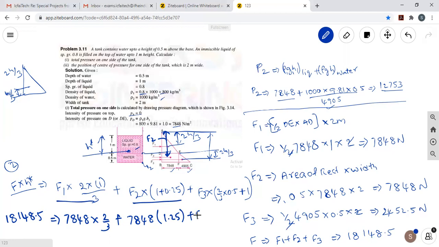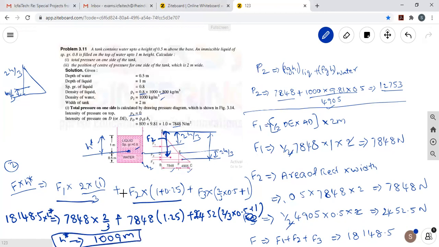I know that already, 2452.5 into 2 by 3 into 0.5 plus 1. If you multiply this total equation in the calculator, only H star is remaining. That H star you will get, which comes out to be 1.009 meters.